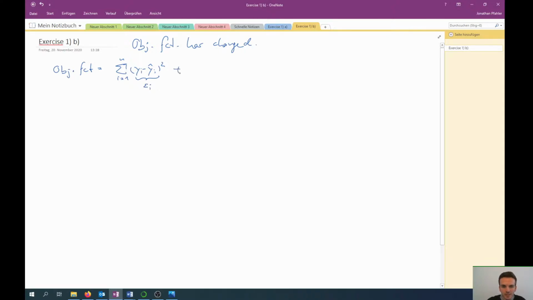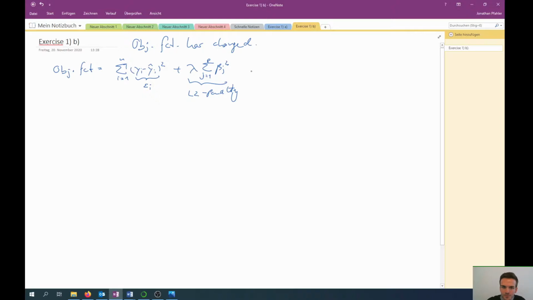But the second part, now we add this part here, lambda times the sum of the squared betas. And this is our L2 penalty, which penalizes complexity in the model.